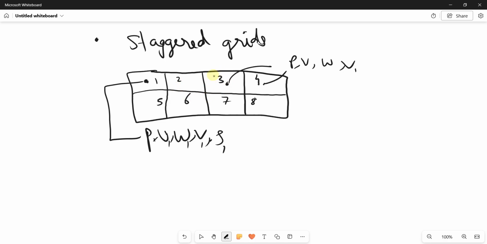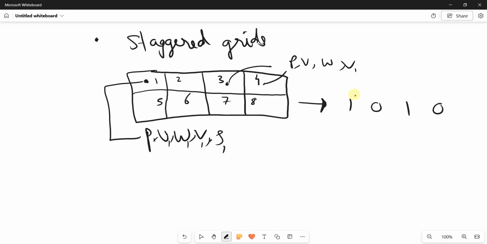Now the problem with this is that, let's say you have this condition, that is checkerboard pressure. Checkerboard pressure is something where I have alternate pressure oscillations, like 1 0 1 0.